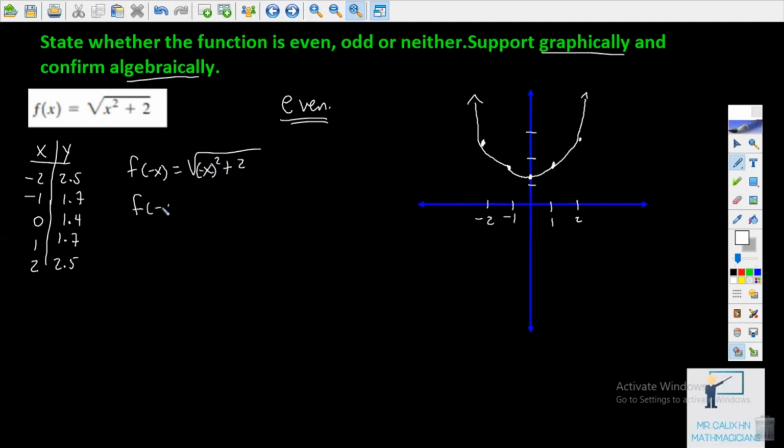So if I substitute the negative in every x and I evaluate that negative to the square power, I actually have the same function, indicating that f of negative x is equal to f of x. If they are equal to each other, that means that it's even. So we found it numerically, we supported it graphically, and we demonstrated it algebraically.